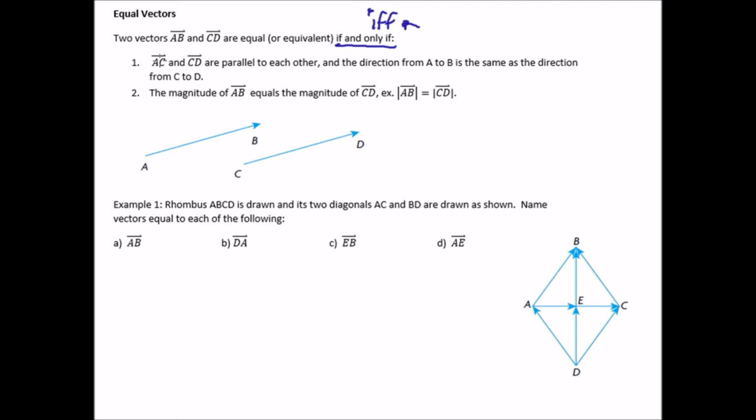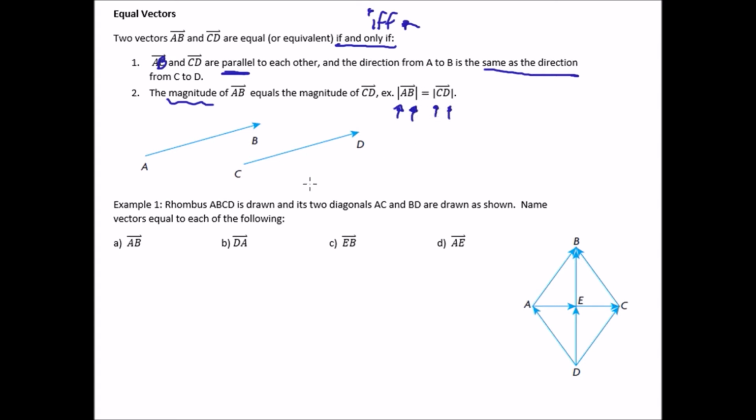AB and CD are parallel to each other, and the direction from A to B is in the same direction from C to D. So parallel in same direction, pretty much those go together. Okay, if it's the same direction, they're going to be parallel. Okay, the magnitude of AB equals the magnitude of CD. Okay, the length. That's what it means by magnitude, just the length. Okay, again, these are not like absolute values. This is like the symbol for magnitude.